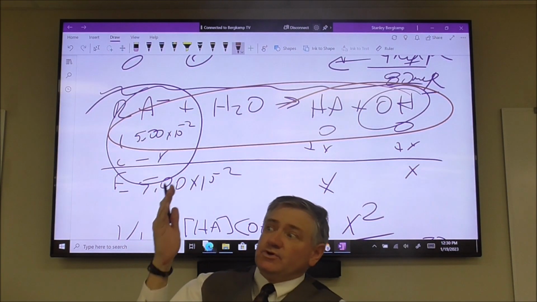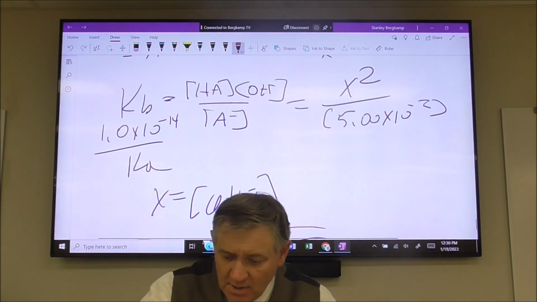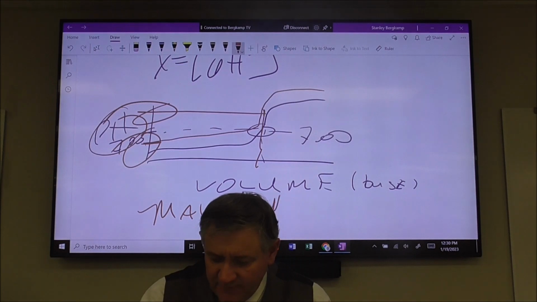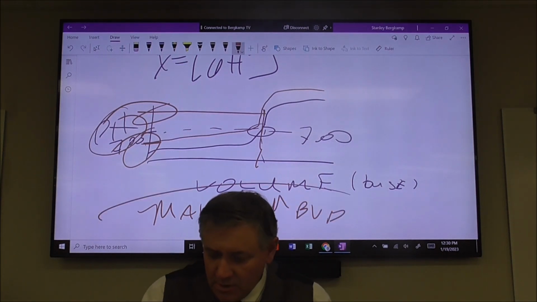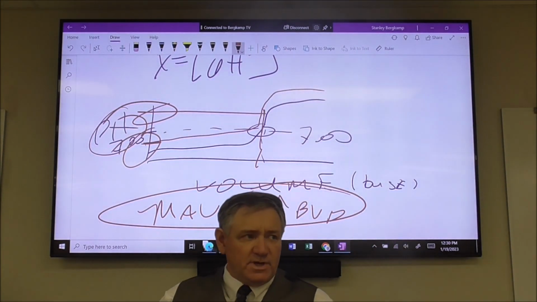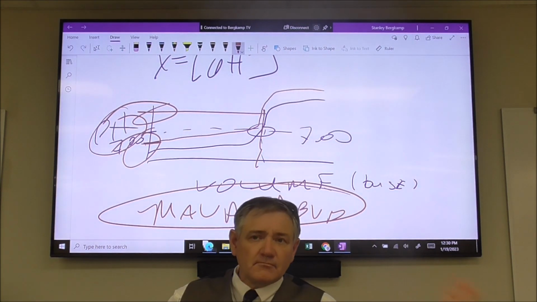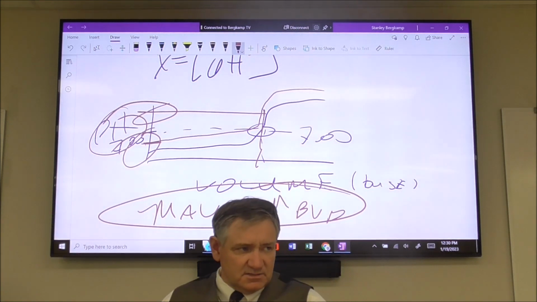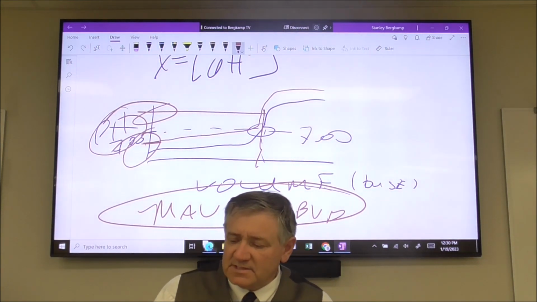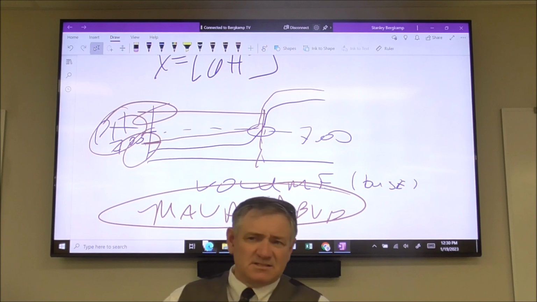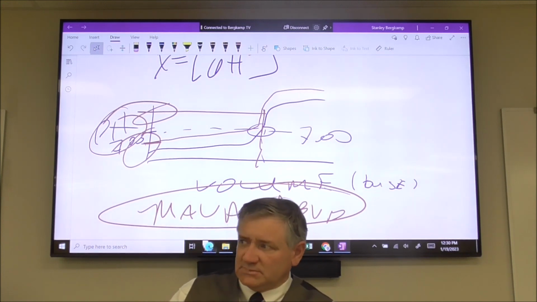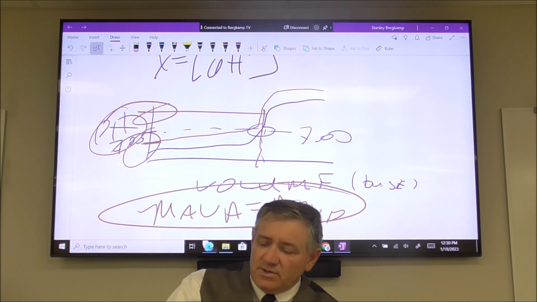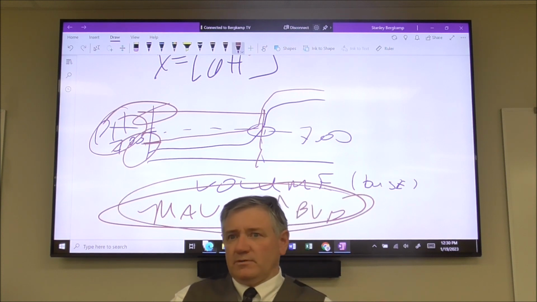So even though you've neutralized it, even though you can use MAVA equals MBVB, okay, you can use that same equation with a weak acid, strong acid, doesn't make any difference, because moles is going to cancel out moles, okay? So don't look at this and go, oh, that only works with strong acids. No, it works for any acid, okay? It does, because you're neutralizing a similar number of moles. So you can find molarity, volume, whatever.